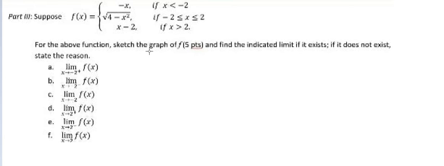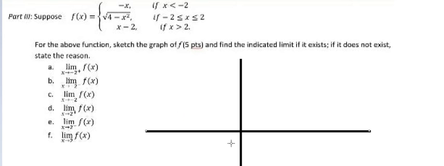First, we need to sketch the graph in here. So from negative number 2, that should be in here. Number 2 should be in here.